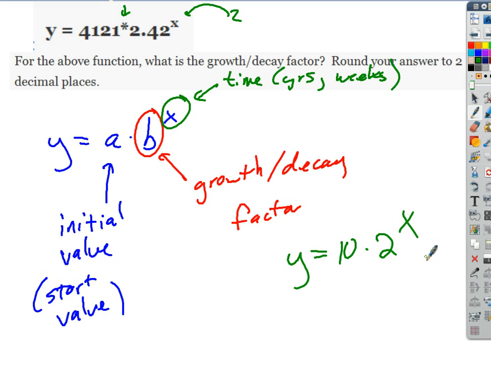When x is 2, 10 times 2 squared, we get 40. When x is 3, 10 times 2 cubed, that's 80. Every time it doubles. So the growth factor is how much we multiply our amount by every increment of x. Time could be weeks or days, depending on the situation. In this case, the growth factor is 2.42. Okay, that's it.